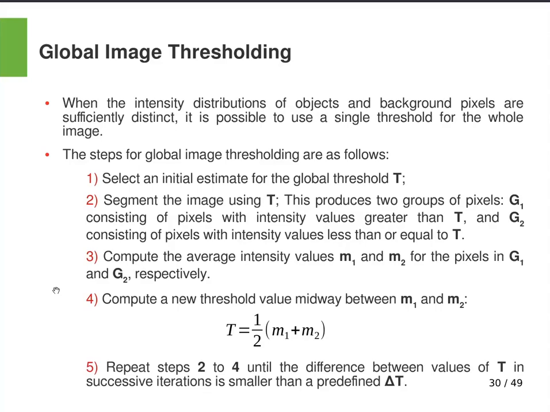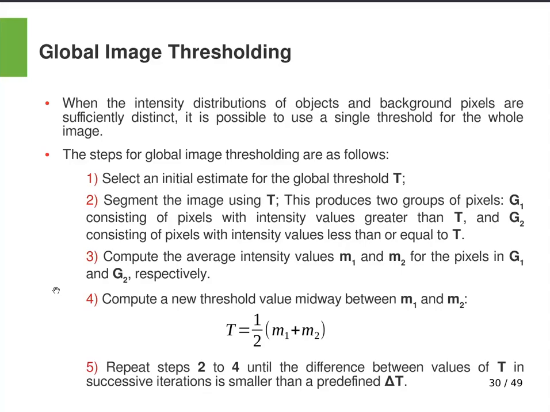Then you use this threshold to segment the image, and based on this threshold you produce two groups of pixels: group G1, which consists of the pixels with intensity values greater than T, and group G2, which consists of pixels with intensity values less than or equal to T. Now you compute the average intensity values M1 and M2 for the pixels in G1 and G2 respectively, and finally you compute a new threshold value halfway between M1 and M2.